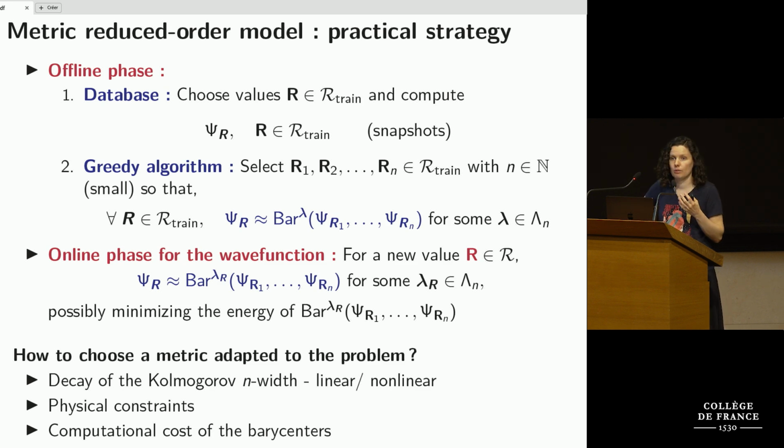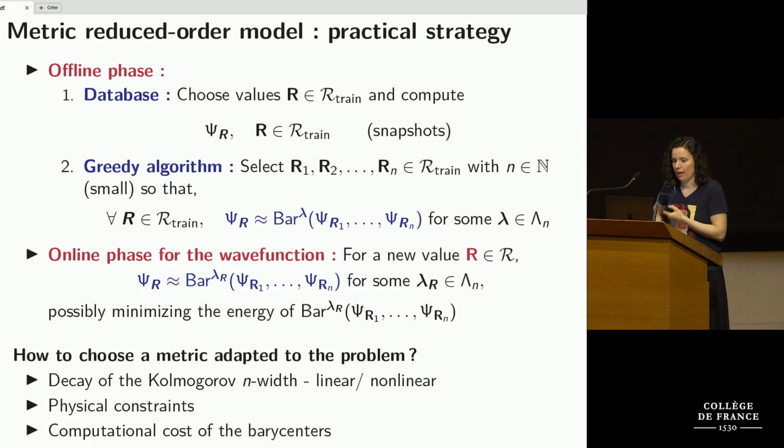Then the natural question is how do we find a metric that is adapted to the problem at stake, and so adapted to the solutions to our equation. One natural criterion is that the decay of the Kolmogorov n-width should be as fast as possible.